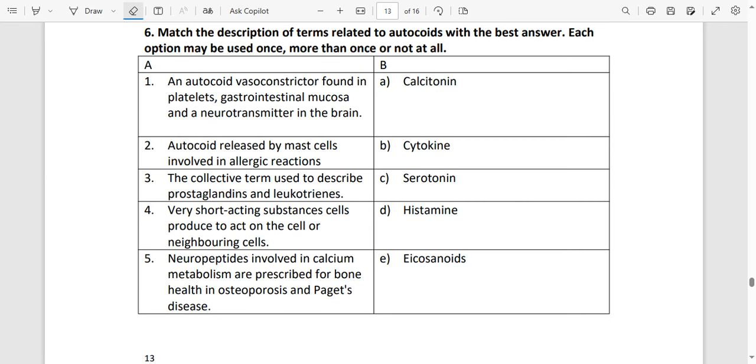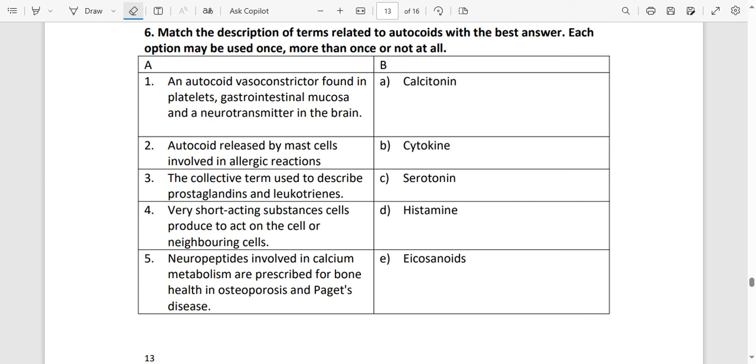We've described asthma, so we should be able to tell. And it's a neurotransmitter in the brain. Which neurotransmitter have we discussed in neurophysiology and neuropharmacology? Serotonin. So that's the answer there.